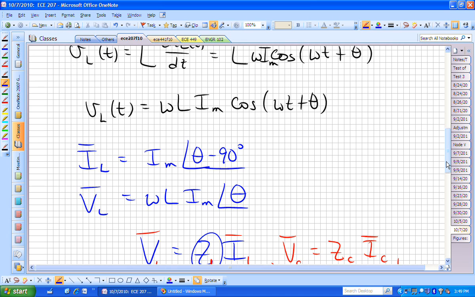If I said, is the current behind or ahead of the voltage, what would you say? The current is behind, or it lags, the voltage. Do you see that? Because what's the angle? The voltage angle is theta. The current angle is exactly 90 degrees behind that. It's theta minus 90 degrees. The current lags the voltage in this inductor.